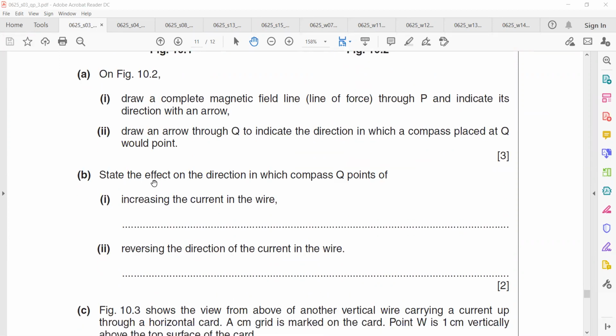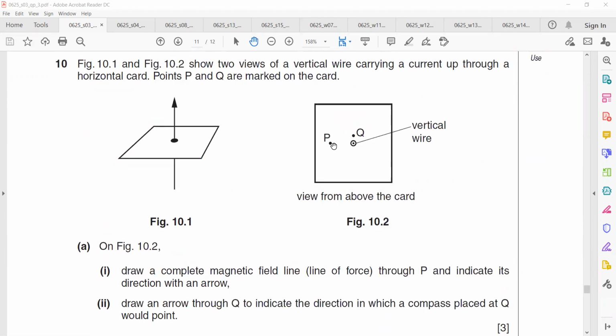State the effect on the direction in which a compass at Q points when increasing the current. If I increase the current, for example, first I was passing 2 ampere, then I'm passing 5 ampere, will it affect the direction of the magnetic field?